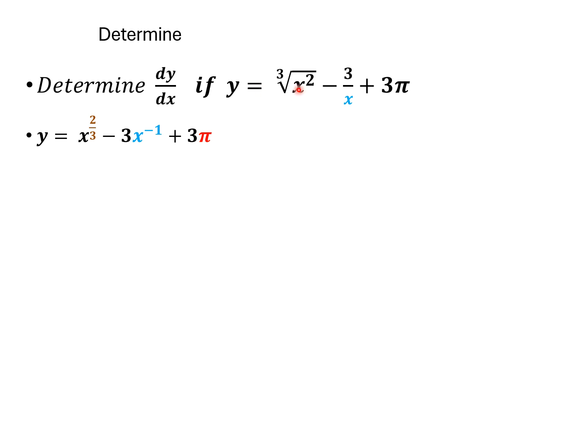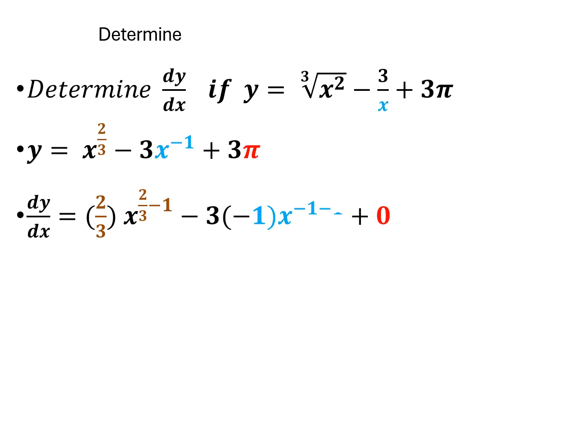First, y equals x to the 2 over 3 minus 3x to the negative 1, plus 3 pi. Now if I differentiate, I say 2 over 3 times 1, 2 over 3 minus 1, negative 1 times negative 3, negative 1 minus 1, and 3 pi, because it's a constant, its first derivative equals 0.